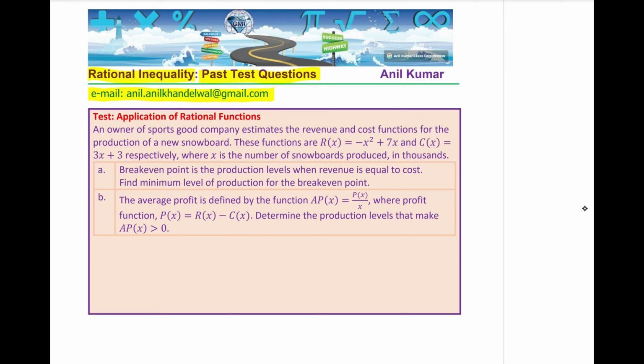I have seen this question in past papers, and therefore its solution should help many students. So let's see what the break-even point could be. Break-even point is when the profit function is equal to 0. So that means revenue minus the cost should be 0, right?